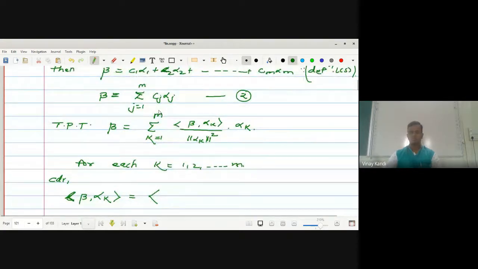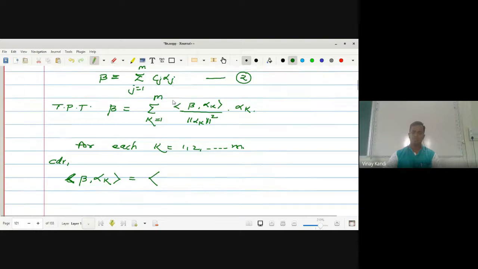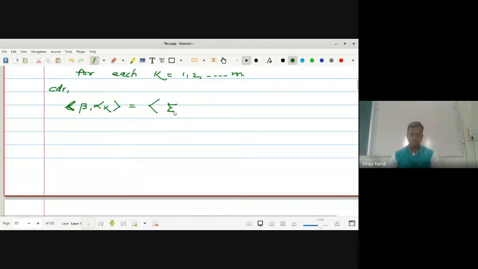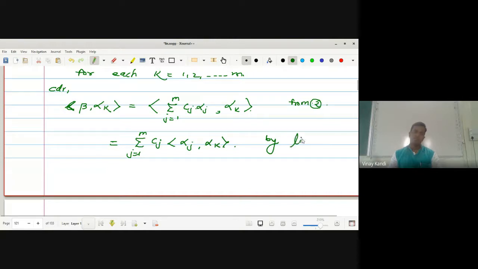This one from equation 2: summation j running from 1 to m of Cj alpha j, with alpha k. By the linearity property of inner product, we can take the constant outside the summation: summation j running from 1 to m of Cj alpha j with alpha k, by linearity property of inner product.